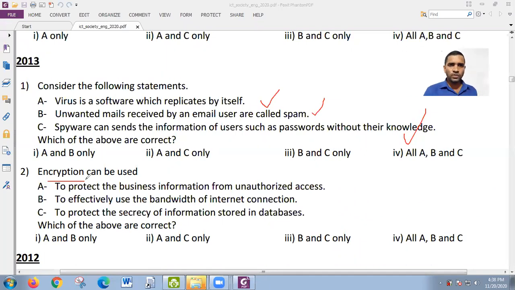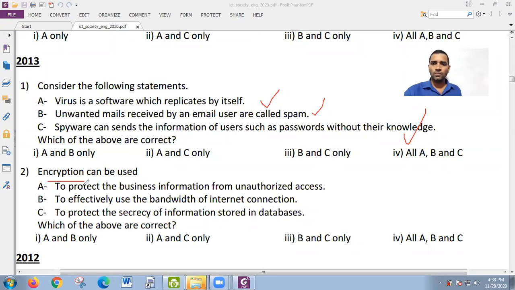Once someone accesses your computer, they can read your data. Even though you take regular backups and have passwords and everything, your data can be hacked. But if it is encrypted, even though they hack it, the others cannot view it because it is in unreadable format. Okay, so that is the fact.